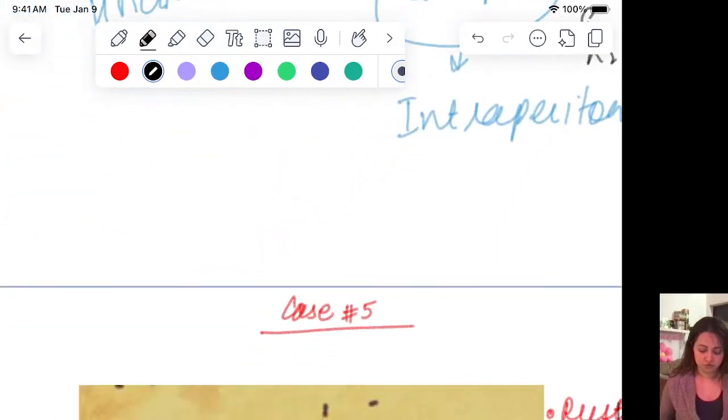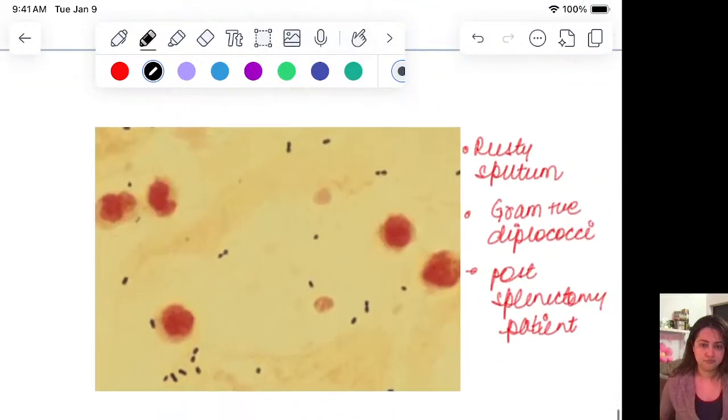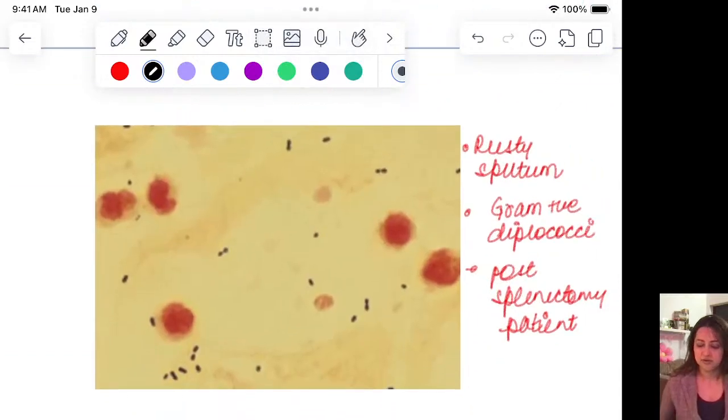Moving on, looking at case number 5. Supposing you are given a histopath finding like this, the patient comes to you with cough, fever, and rusty sputum. The cough is productive and there is rusty sputum. And the patient is a post-splenectomy patient.